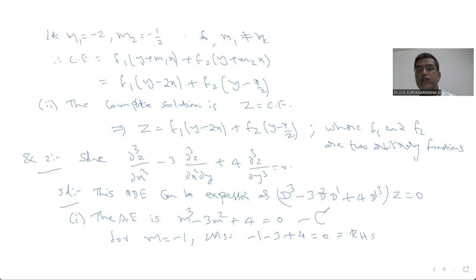So if you name this equation as 1, then equation 1 can be expressed as m plus 1 into some quadratic polynomial equal to 0.